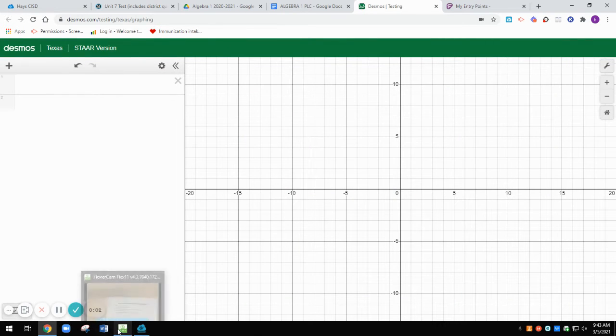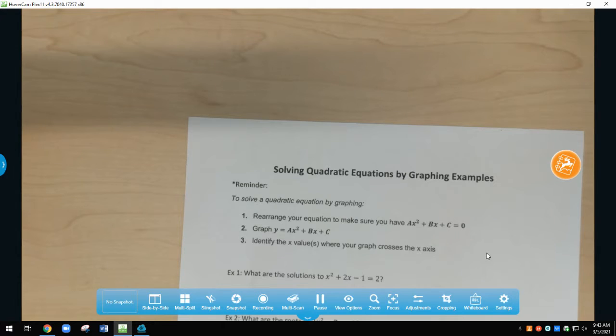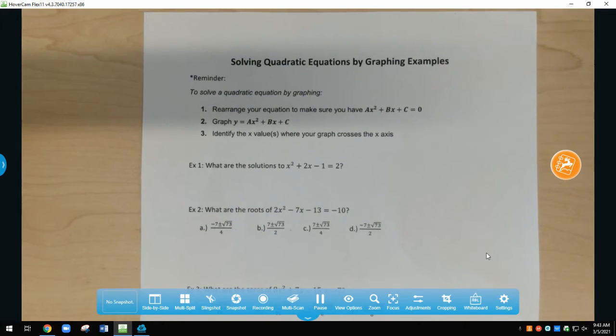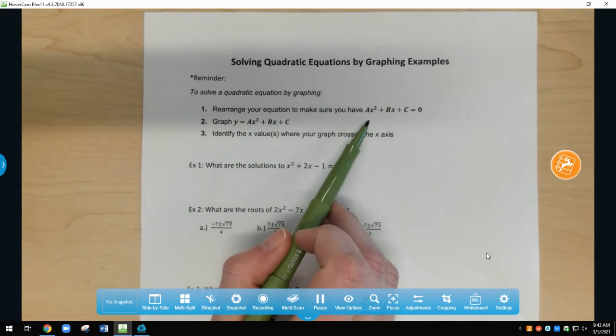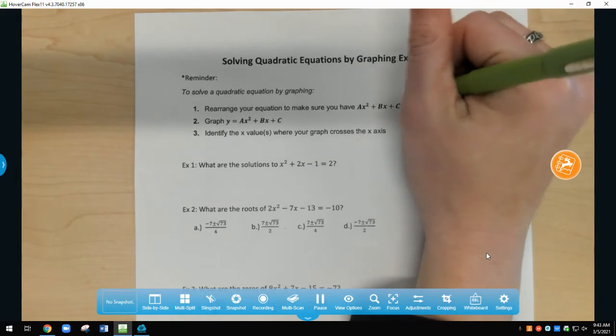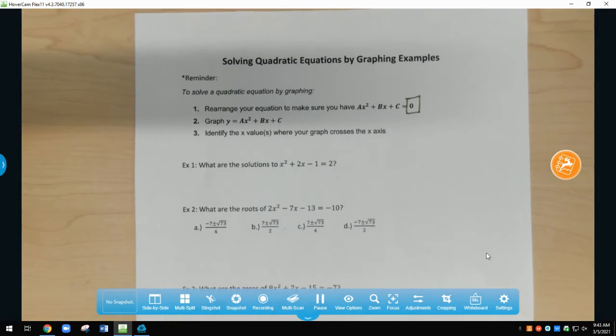Okay, today we are going to continue solving quadratic equations by graphing, and we're going to work with some STAAR type problems. So just a reminder, to solve a quadratic by graphing, it needs to be in standard form. So ax squared plus bx plus c, and it has to equal 0.